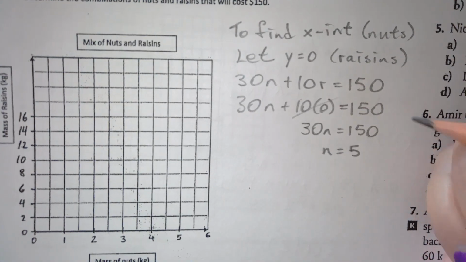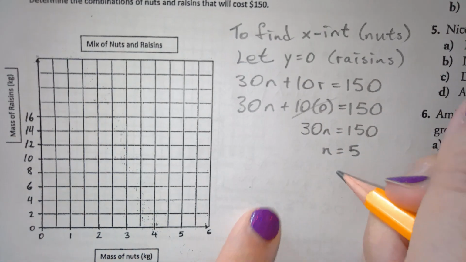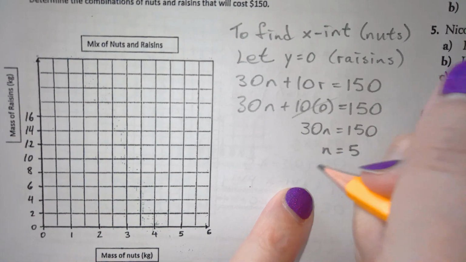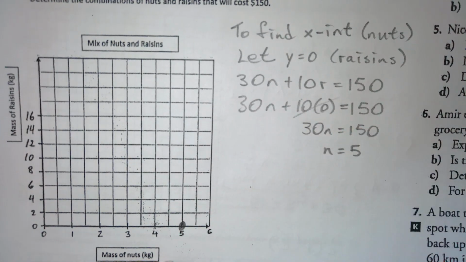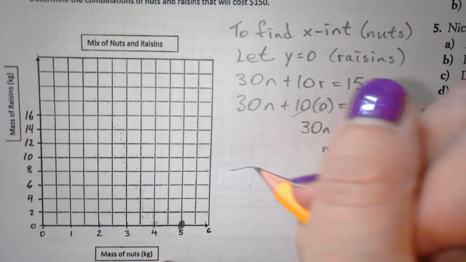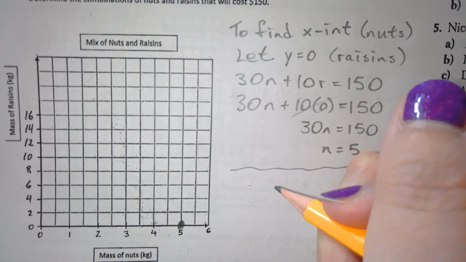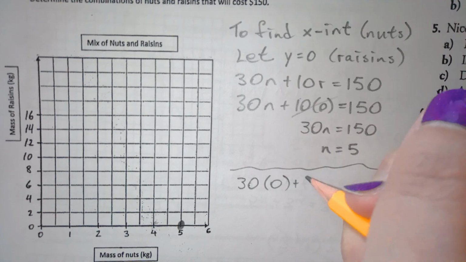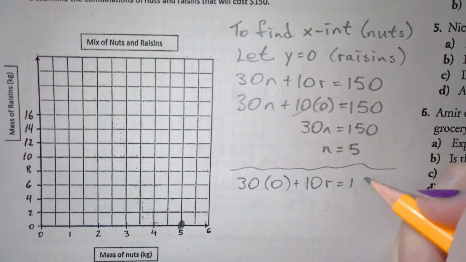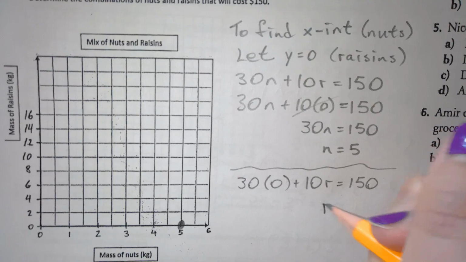So 30n equals 150, n equals 5. So here, 5, 0. There we go, I have my first point. Do the same thing for the other intercept. So when n is 0, what do you get for r?